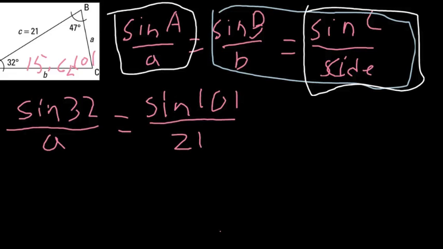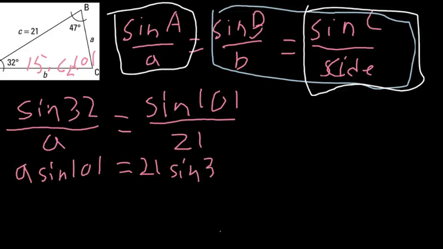After we cross multiply, we get A sine 101 equals 21 sine 32.